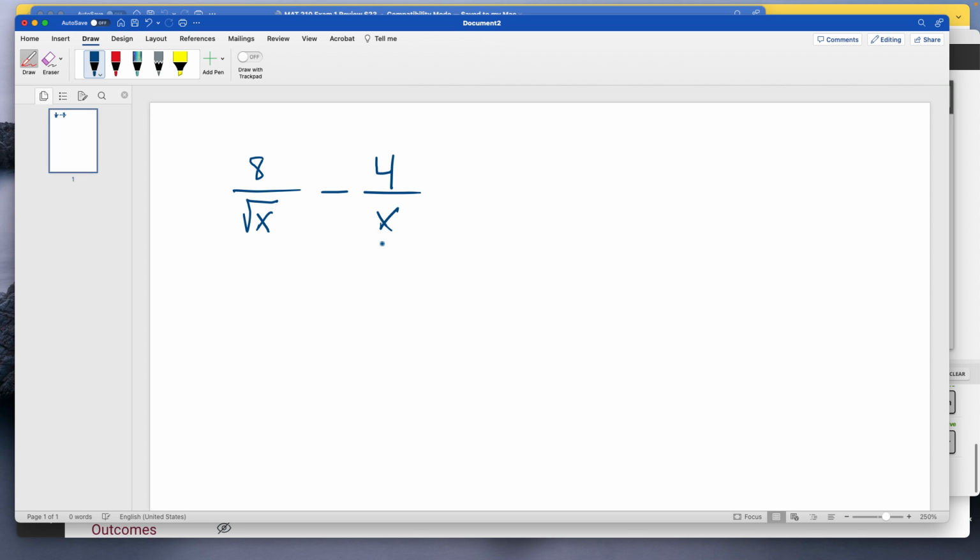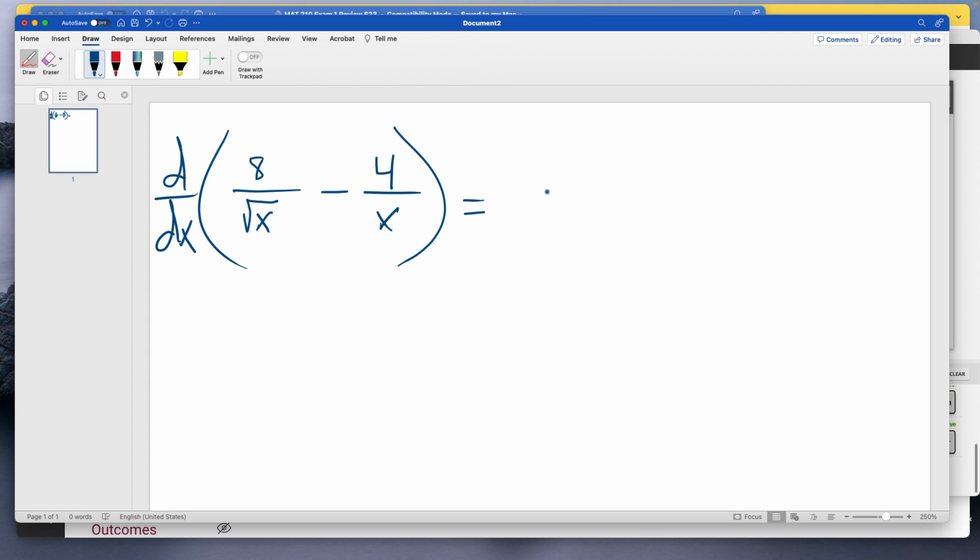Again, remember when we're taking this derivative, we want to do a little algebra first, and we want to rewrite these in terms of x to a power, because that's the only way we know how to take a derivative at this point: the x to the power comes down, and we subtract 1.